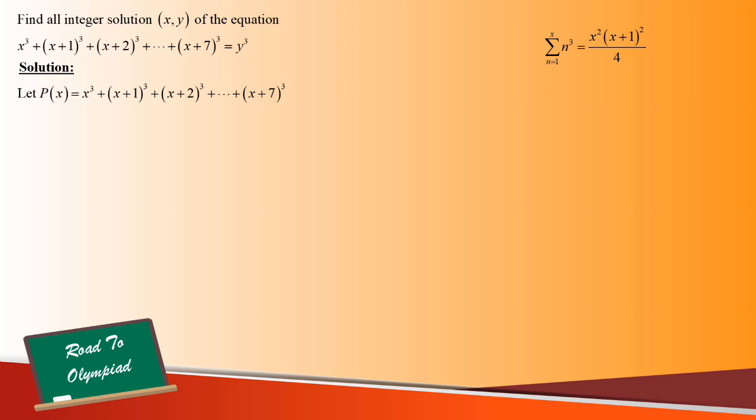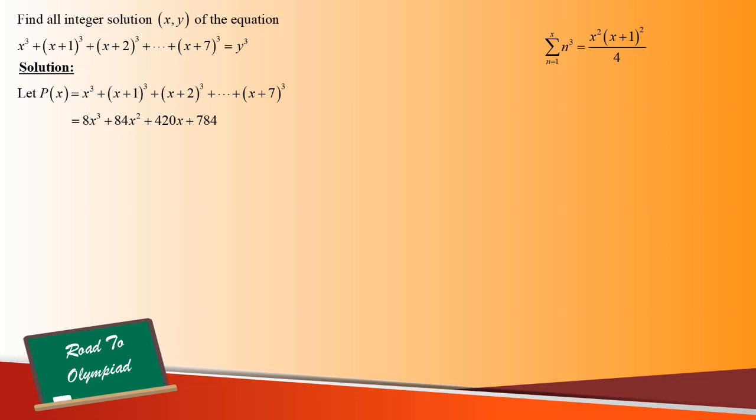And we have P(x) can be written as the sum of cubes from 1 to x+7, subtracting the sum of cubes from 1 to x-1. Applying the sum of cubes formula, we can expand and, upon subtractions and simplifications, we get 8x cubed plus 84x squared plus 420x plus 784.